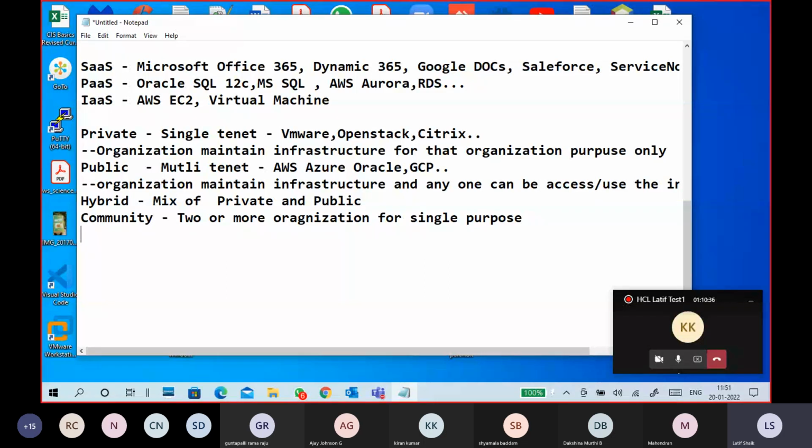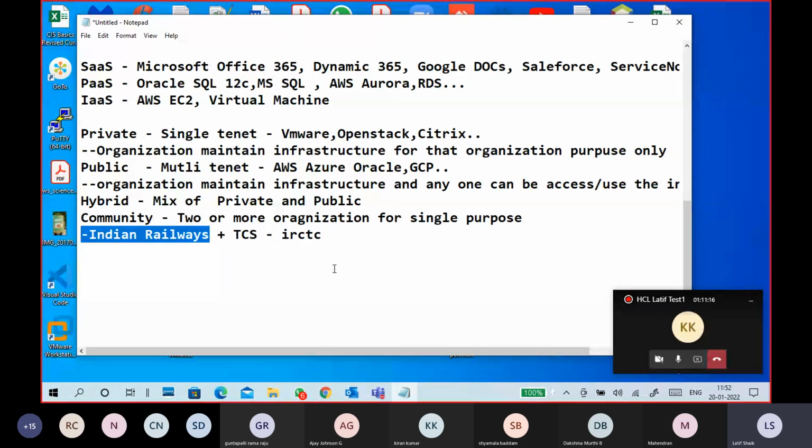So there is an example for a community cloud: railways. Indian Railways plus TCS, IRCTC. What is IRCTC? The IRCTC website is maintained by TCS with the coordination of Indian Railways.